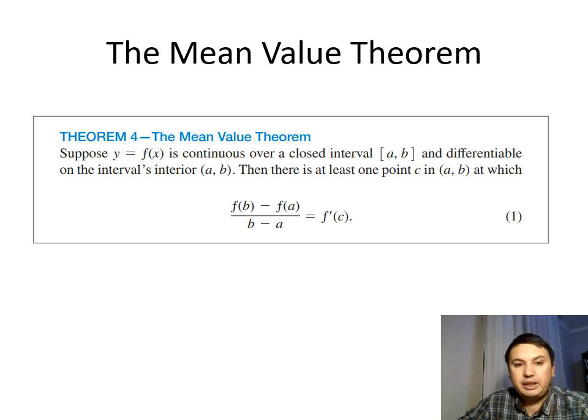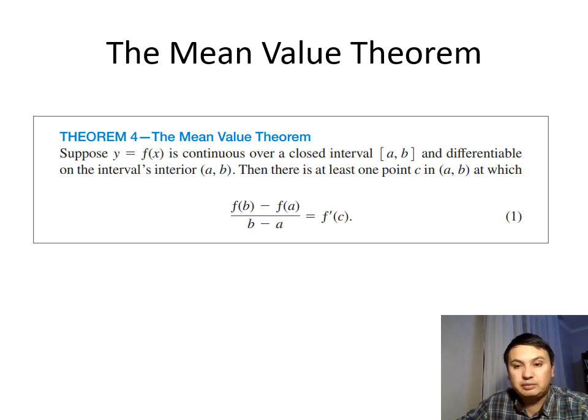The mean value theorem states that if f of x is continuous over the closed interval and differentiable on the interior of AB, so inside of AB, then... The first two statements are exactly the same as in Rolle's theorem. But one thing is missing from Rolle's theorem. What is missing?